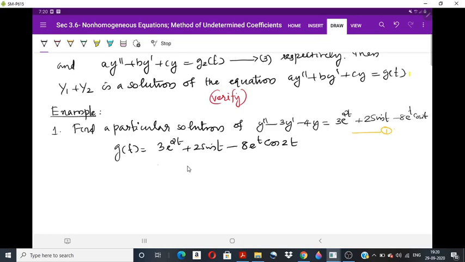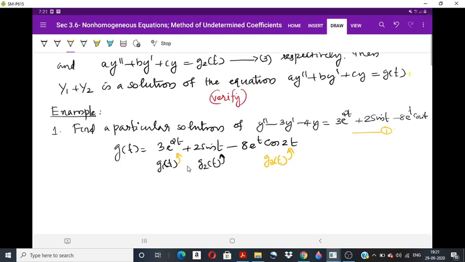So this can be considered as the sum of three functions, that is g1 of t as 3 e raised to 2t, g2 of t as 2 sine t, and g3 of t as minus 8 e raised to t cos 2t.